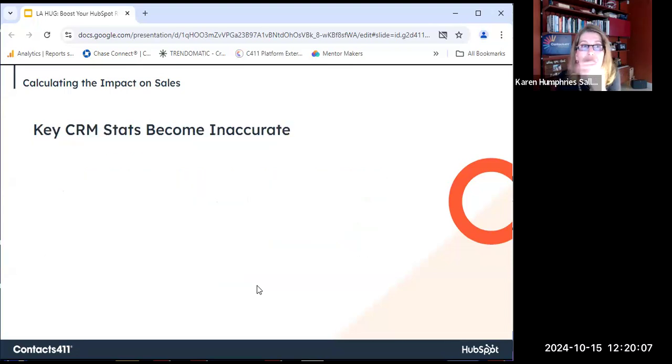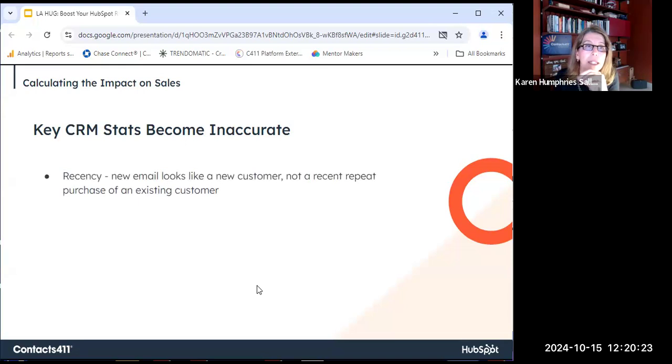The other thing is CRM stats become inaccurate. And again, you've got HubSpot, you've got other tools. Knowing these pieces of information is really, really important. You need to make sure that you know your recency.